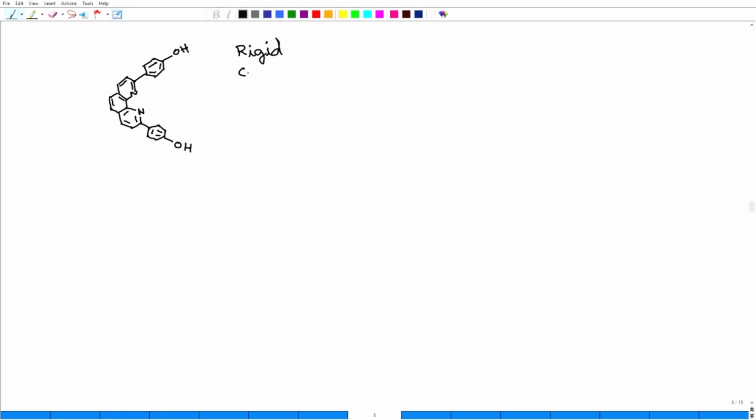Coordination to a transition metal ion. Why a transition metal? Because of the nitrogen donors. However, with a transition metal ion, only 2 coordination sites will be occupied. If a metal ion is here, only 2 coordination sites are occupied.